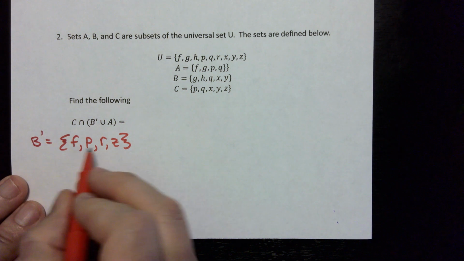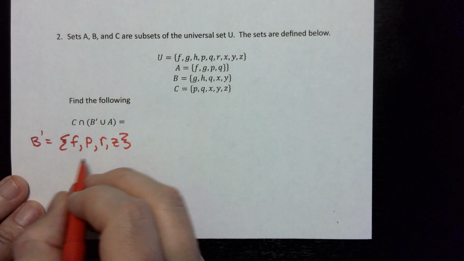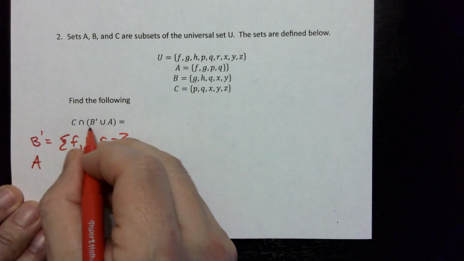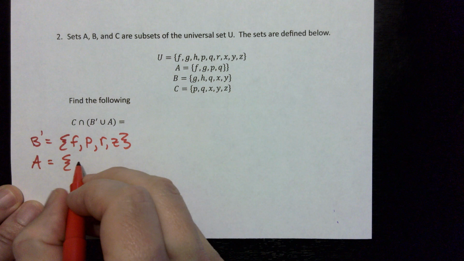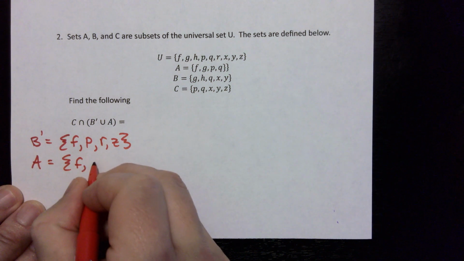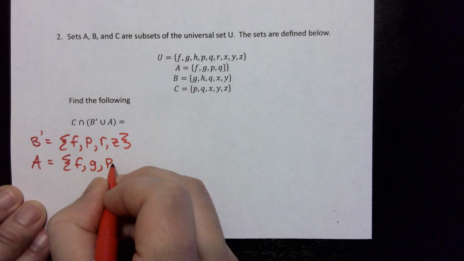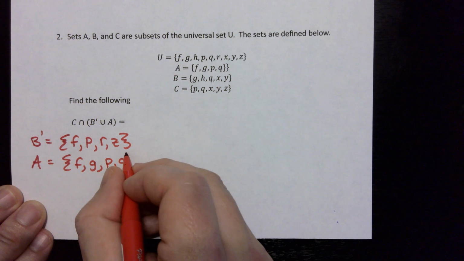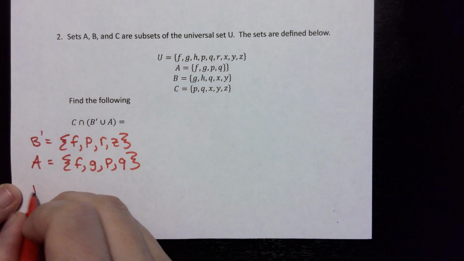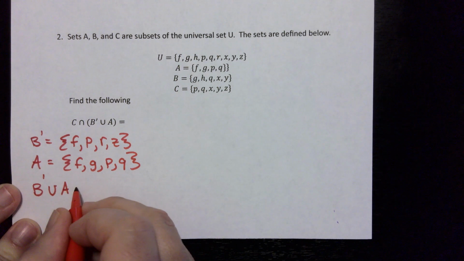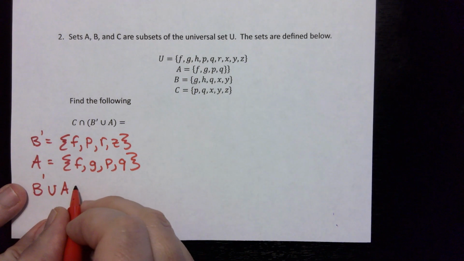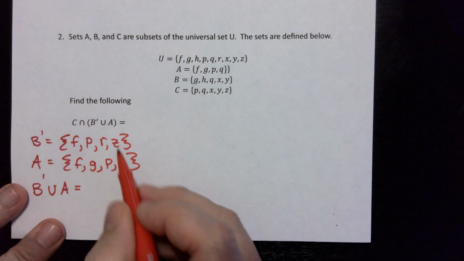Now that I know the opposite of B, I can union that with A. So let's write down A real quick: F, G, P, Q. B complement union A is the union of these two things.